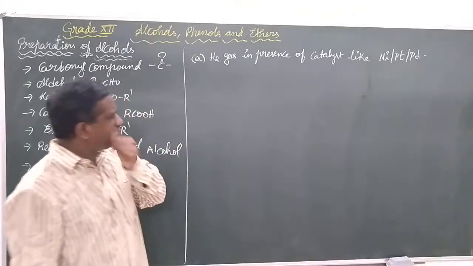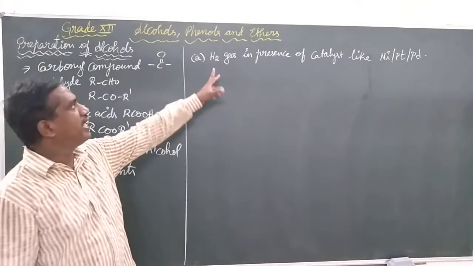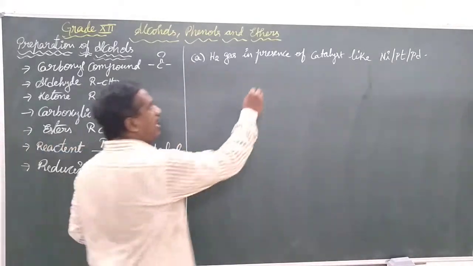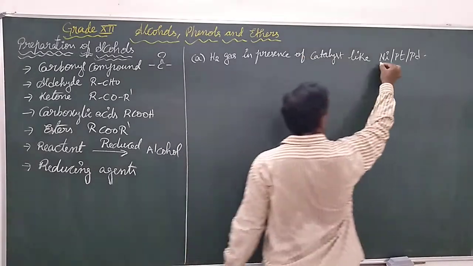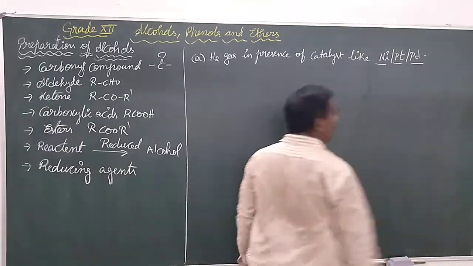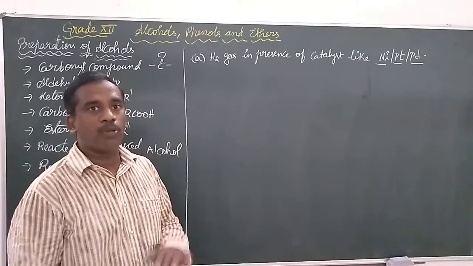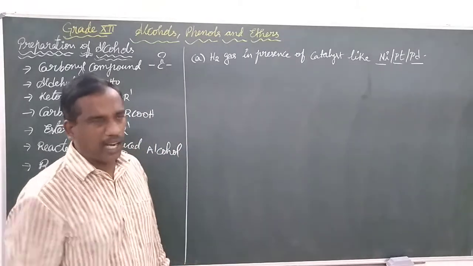The first reducing agent that we are going to use is the hydrogen gas. It is going to be used in the presence of the catalyst nickel or platinum or palladium. They are going to provide the surface area.